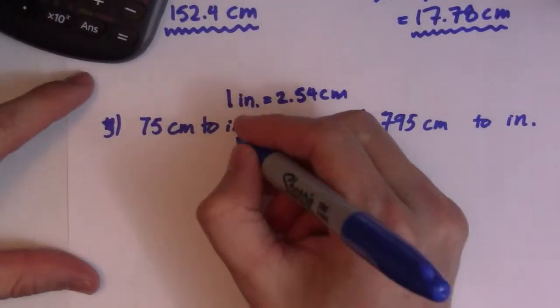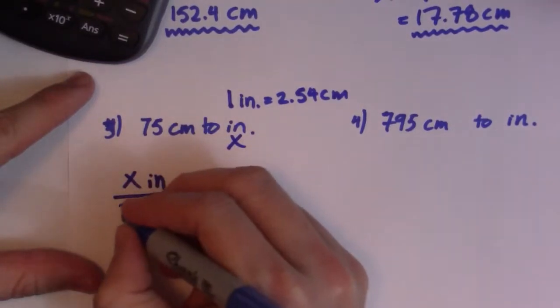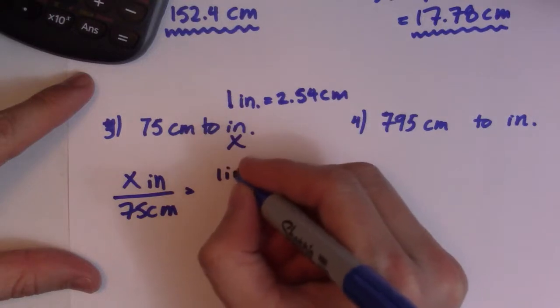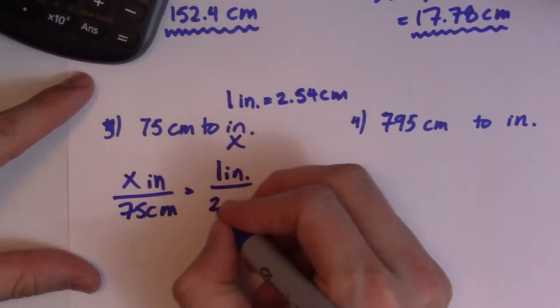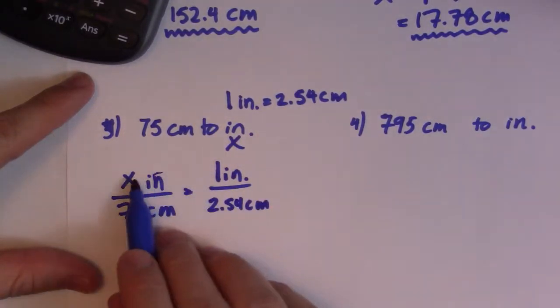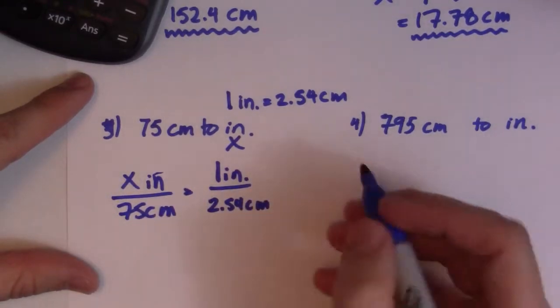Again, what I'm looking for is x, so x inches, and what I'm given, 75 centimeters. My order is different than the last time, but it doesn't matter. So I get 1 inch divided by 2.54 centimeters. It doesn't matter that that's flipped around. All that matters is that these match, inch, inch, centimeters, centimeters, and that you have the right conversion factor.